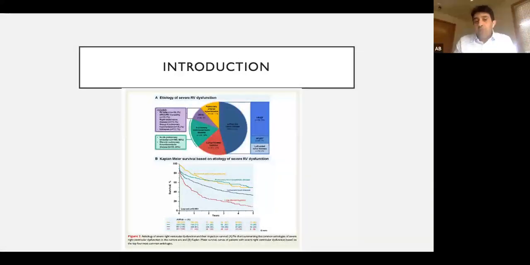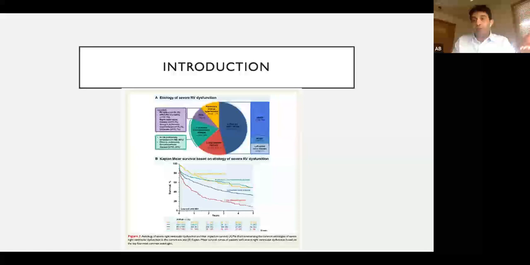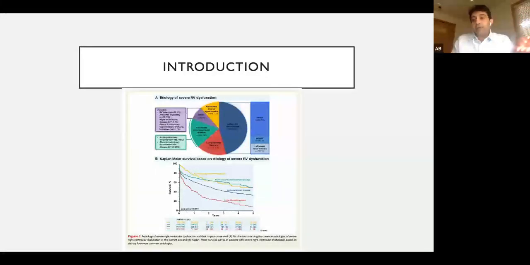And that's an important slide, in my opinion. Those are patients with severe RV dysfunction. The majority of them are related to left-sided heart disease, no matter what the left-sided heart disease is. It could be cardiomyopathy with severe LV systolic dysfunction, mitral stenosis, mitral regurgitation, pulmonary vein stenosis, or severe aortic valve stenosis.